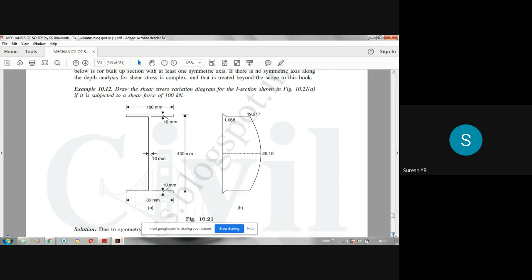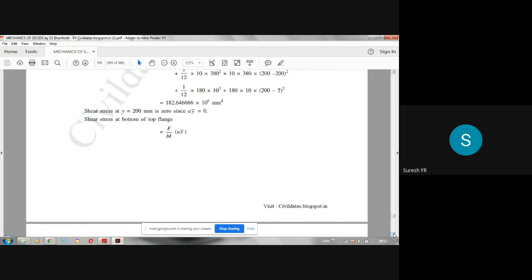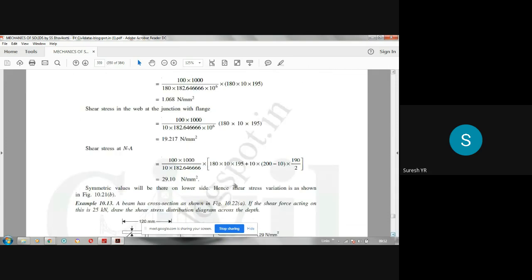It increases because your B value reduces, because B is in the denominator. So these are the two values. 1.068 is the shear stress by taking B equal to 180. 19.217 is the shear stress by taking B equal to 10. This is web width, this is flange width. Please make a note of that.